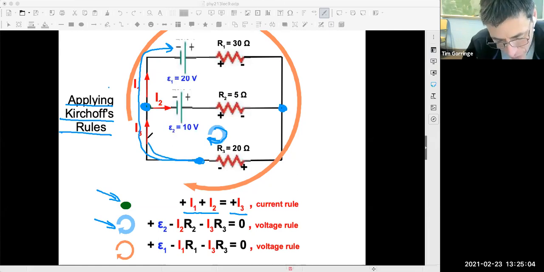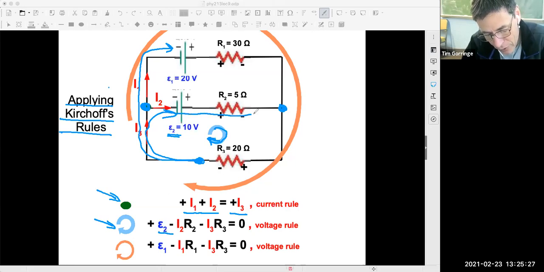No, I'm walking around the bottom circuit, sorry. Walking around the bottom circuit, I meet this battery number 2. I'm going from the negative terminal to the positive terminal, so I'm going up in potential, by 10 volts. So that's this piece here.